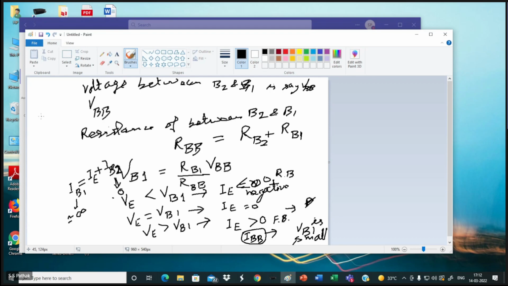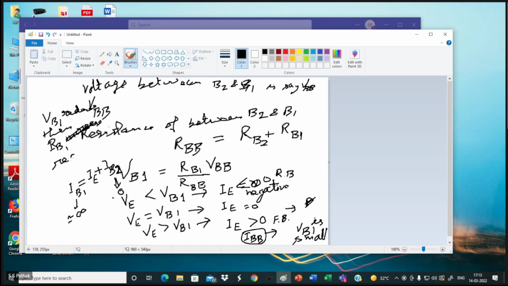Let me write here this way. VB1 reduces, RB1 also reduces.